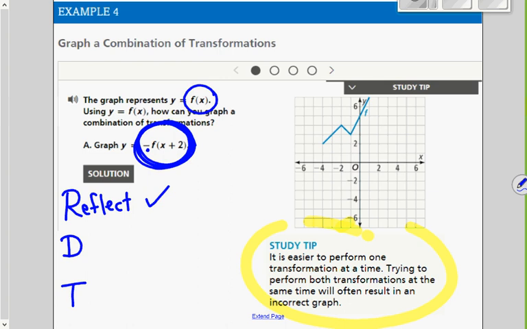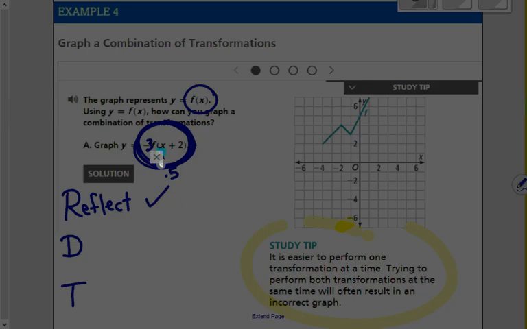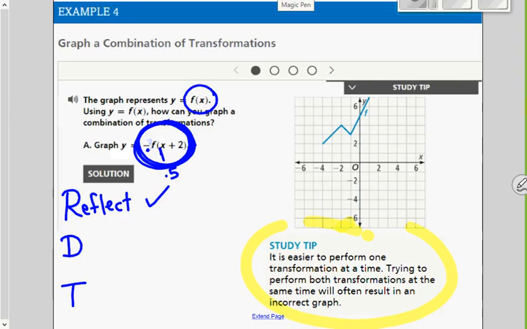You'd be looking for like a 3 out here, or a 0.2 or 0.5 in there. I don't see anything being multiplied. So I think in this problem, we do not need to worry about dilating the graph. That's good. However, since there's an x plus 2 inside parentheses, I think we will have to translate this function.